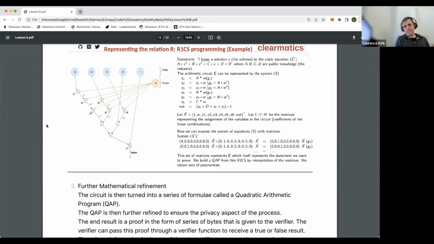And I can't go into the details of that. There's a lot of maths there. But what we pull out of this circuit to go to the next step is what are called constraints. So we're saying that for the circuit to be valid, various things need to be true. And so we abstract away from the circuit these constraints, and then we use these further on in our proof.